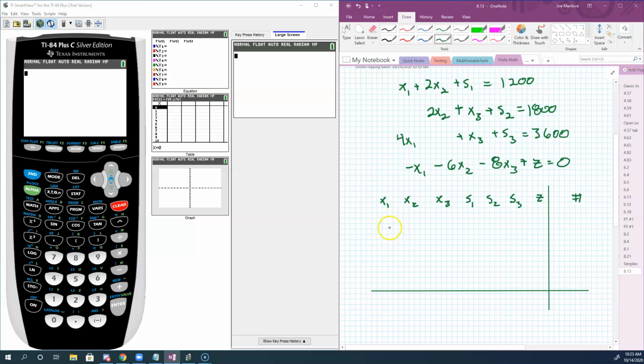And then I just put my numbers in, right? So I've got 1, 2, 0, 1, 0, 0, 0, 1200. And 0, 2, 1, 0, 1, 0, 0, 1800. I think I got that one right. 2x2s, 1x1, 1s2. Yeah.